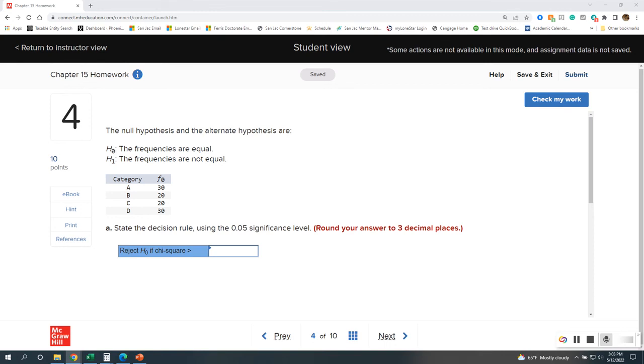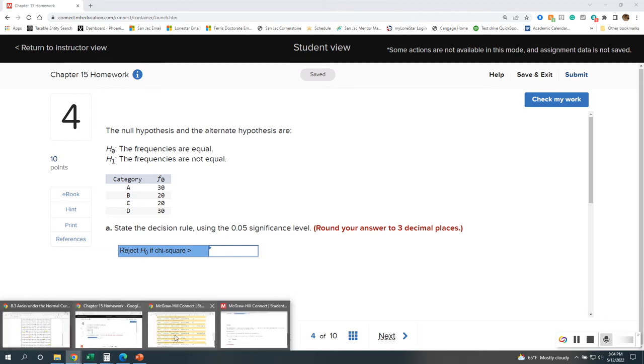So we're going to have to figure out chi-squared. So remember, degrees of freedom is, again, k minus 1. So basically, how many categories we got, minus 1. So 4 minus 1 is 3.